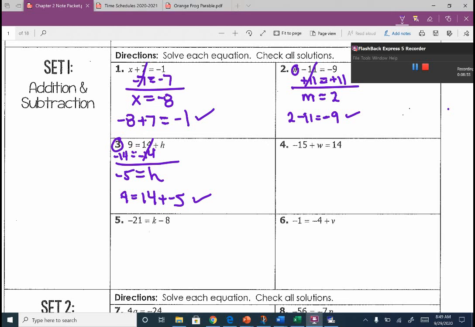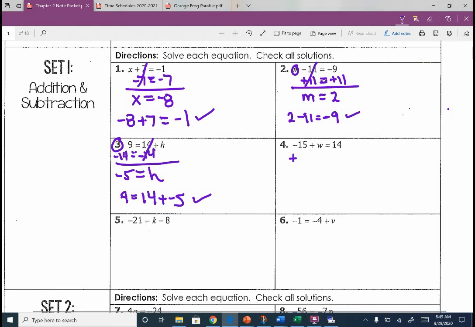All right, and number 4. Number 4, it looks a little different. It kind of looks like our number 3. We have a negative 15 on the same side as our W. So the opposite or inverse of negative 15 is positive 15.